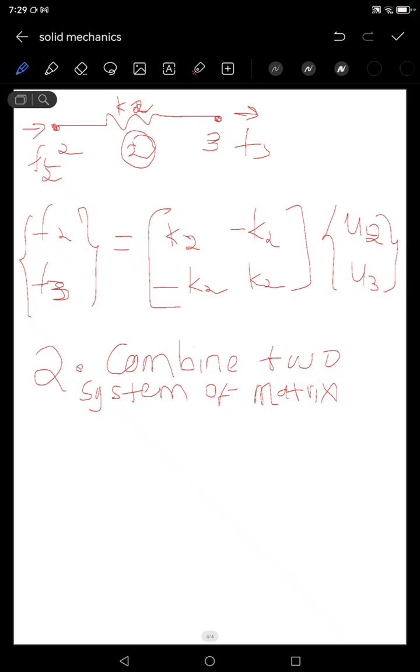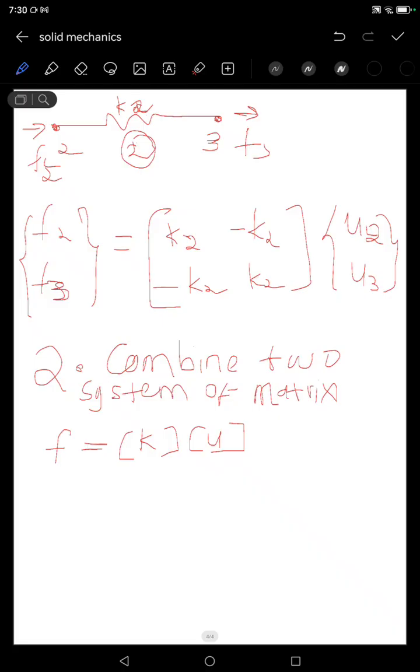In order to do that, we're going to use a shorthand that we defined in the previous slide, where we have F equals K times U, and remember I said U is the overall displacement vector.